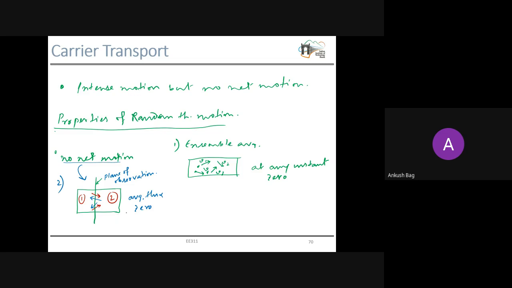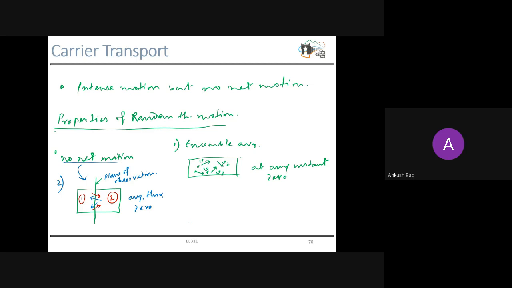Before going to the next thing, how many collisions or scatterings are occurring within the semiconductor? Of course at some temperature, because the source of this random motion is thermal energy. The temperature at which we keep our semiconductor will decide how many scatterings happen.